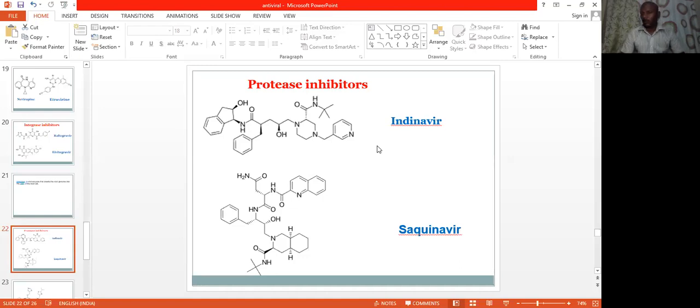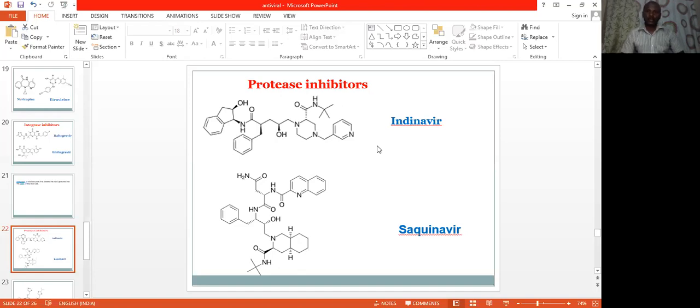Protease is a viral enzyme again, like reverse transcriptase. Reverse transcriptase is a viral enzyme required for the synthesis of DNA from RNA. Then we have the integrase, again a viral enzyme, which is required for the integration of viral DNA into the host DNA.